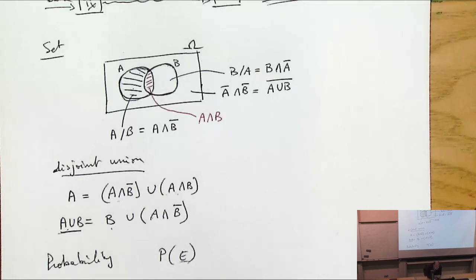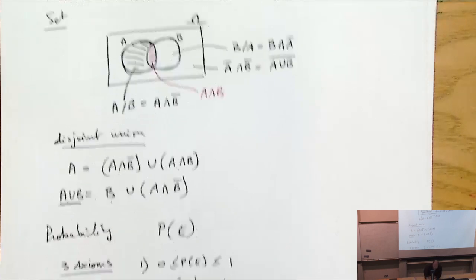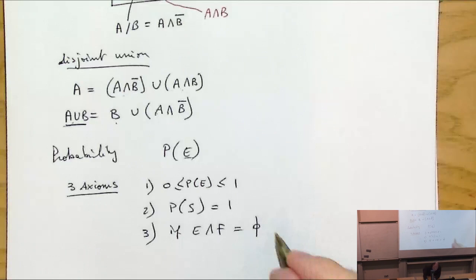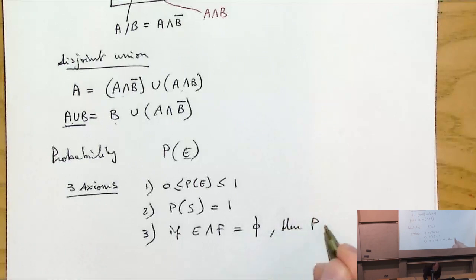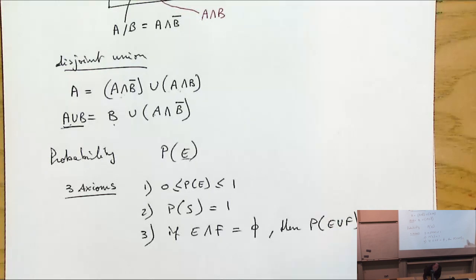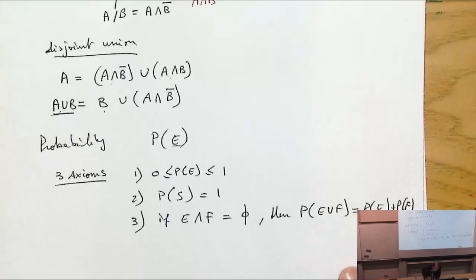The second one is that the probability of the sample space, the universal event, is equal to 1. And the third one, we said that if you have 2 sets like this, such that the intersection is the empty set, then the probability of the union of E and F is equal to the sum of their probability, right? So those are the 3 fundamental axioms of probability that we looked at last week.